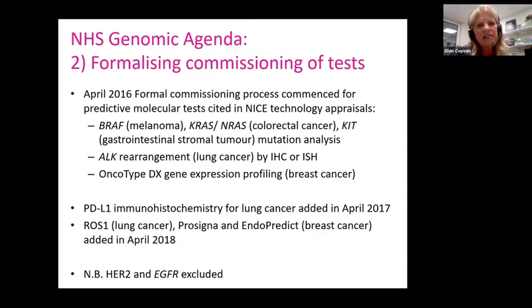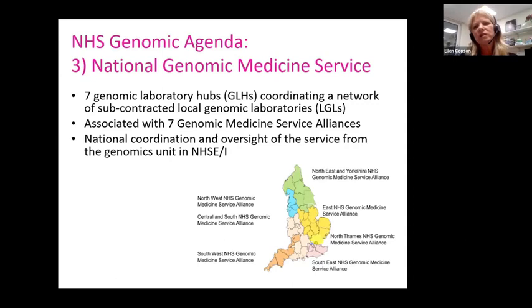And then the third step along the pathway was the opening of the National Genomic Medicine Service in October 2018. This now consists of 7 regional genomic laboratory hubs, which are coordinating a network of subcontracted local genomic laboratories.